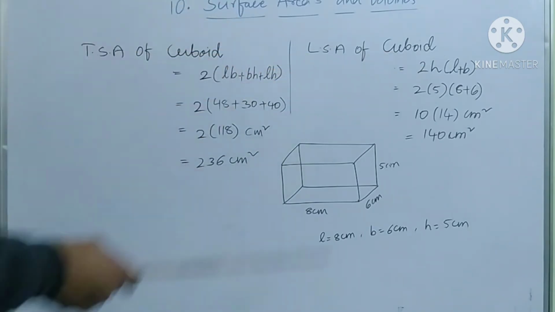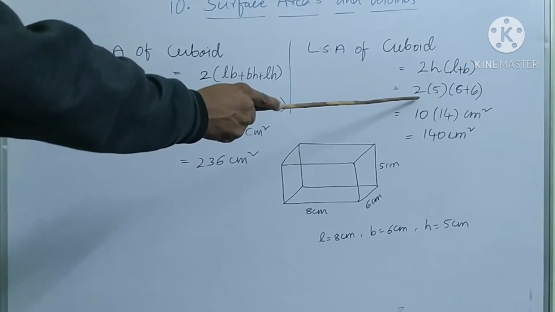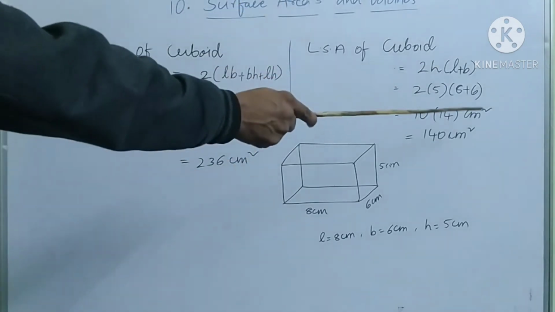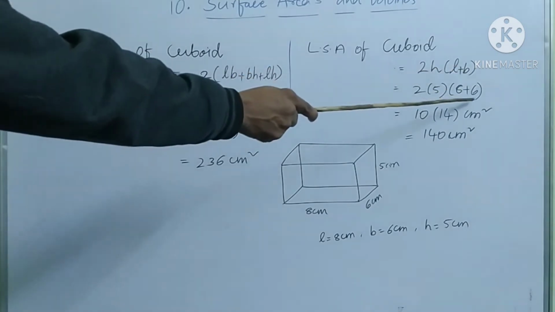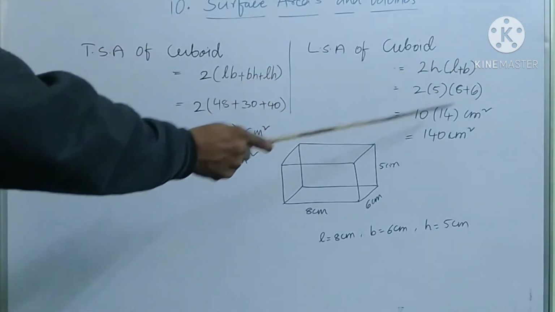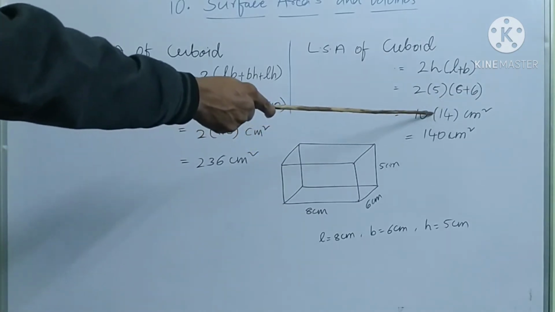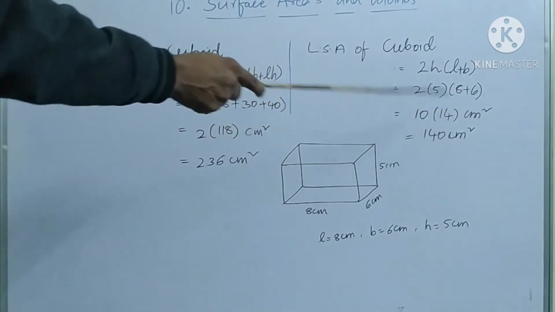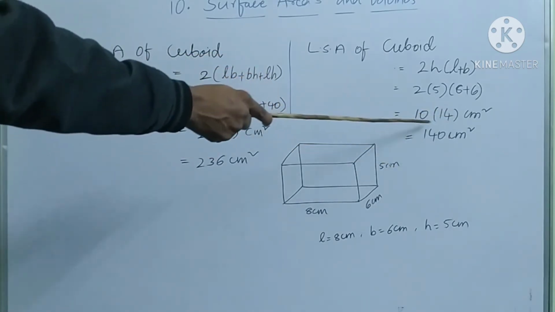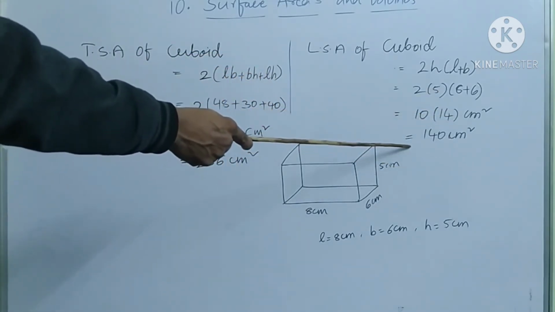So that is 2 into 5, h means 5, into L plus B, 8 plus 6. 2 5s are 10, 8 plus 6 is 14. Area units are centimeter square. So 14 into 10 is 140 centimeter square.